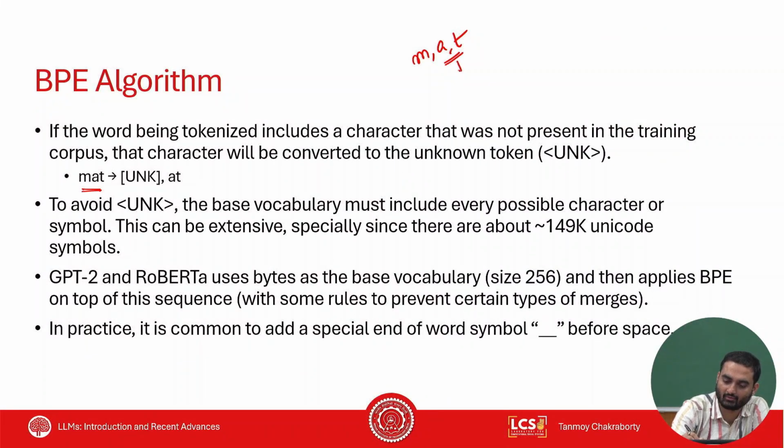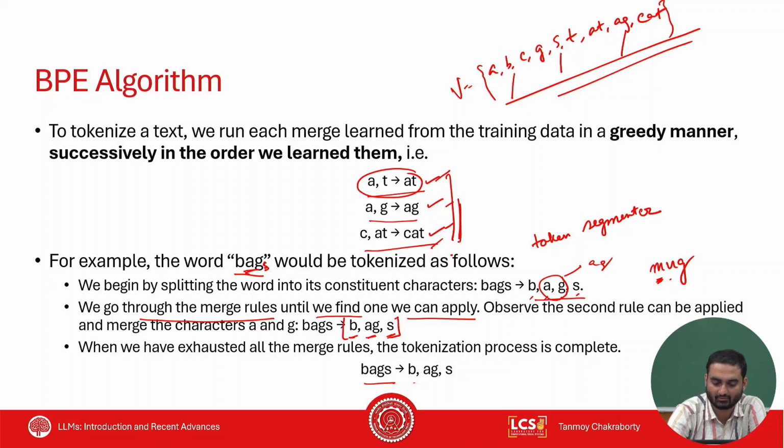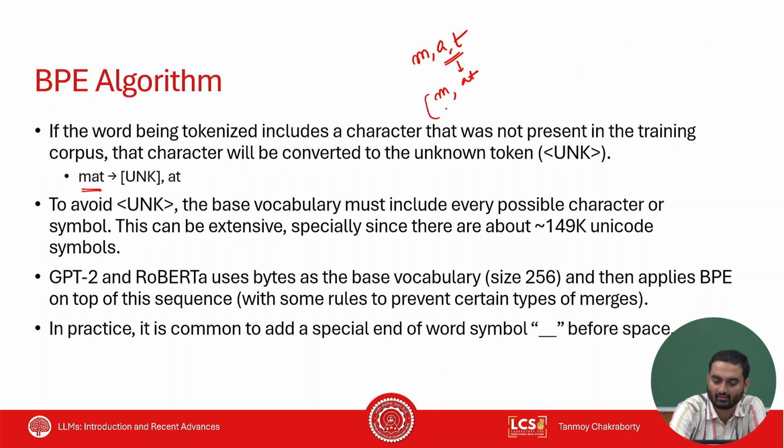So A comma T will be replaced by AT. Now I have two tokens, M comma AT. Now I can't apply other rules. So the final tokens should be M comma AT.